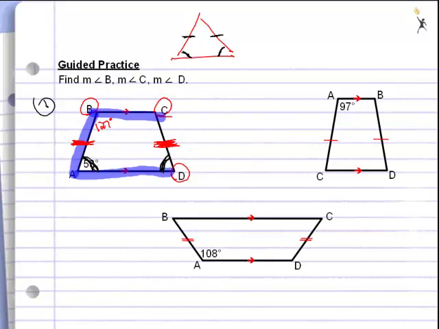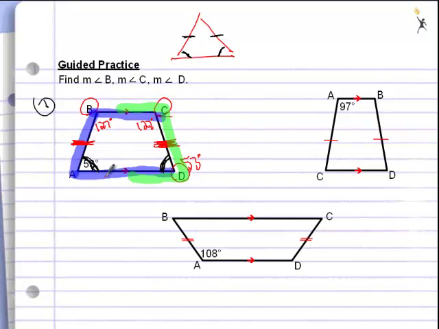Congruent means equal. So if this angle is 53, then this angle is 53. And just like what we just solved for angle B, we can use the exact same idea. If the top and the bottom lines are parallel, then we have these two sets of consecutive interior angles, and we can solve, using supplementary, that this angle is also 127.